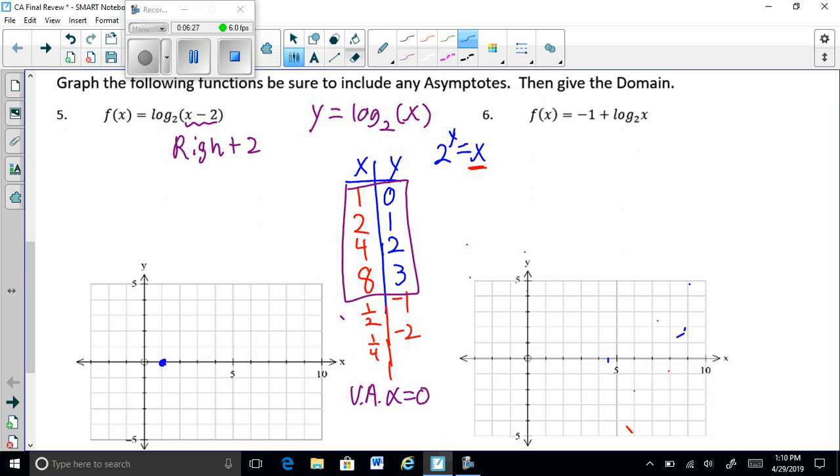Let's see, go to the right 2, and then at 2, 1, go to the right 2, and then at 4, 2, we go to the right 2, and then we have 8, 3, and we go to the right 2, and then that vertical asymptote is going to be at x equals 2.